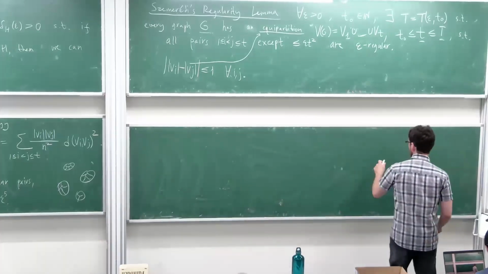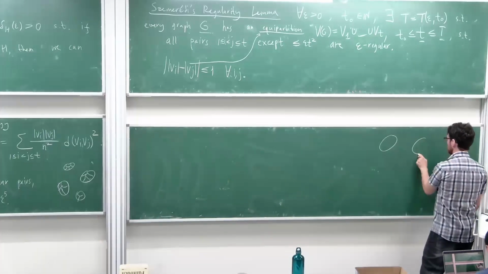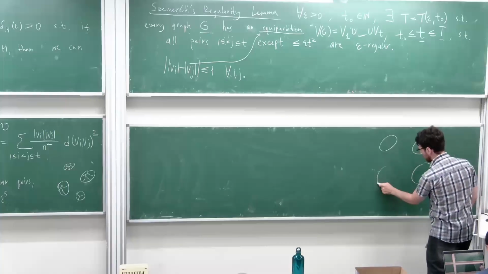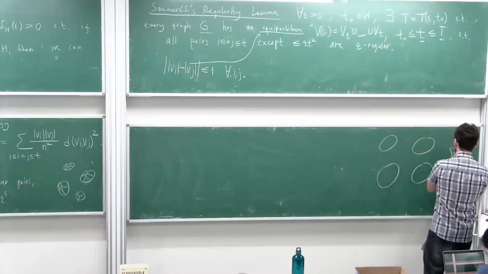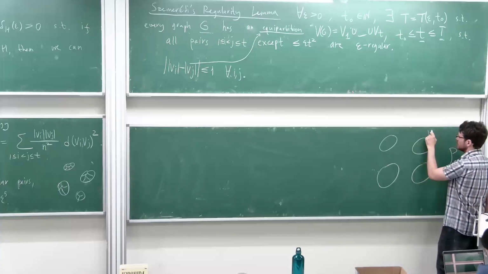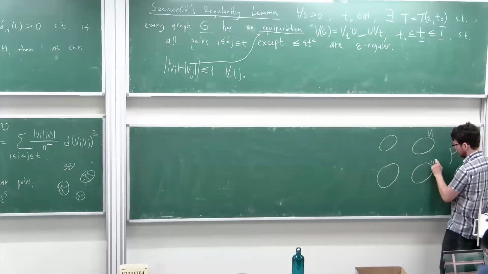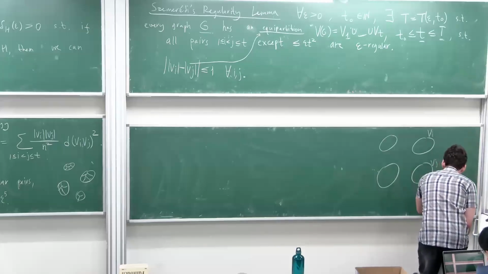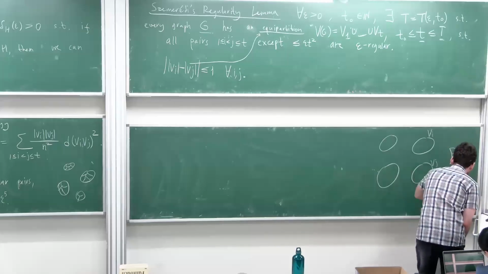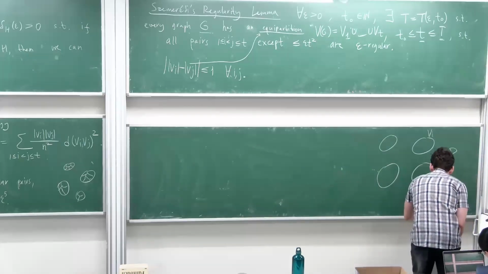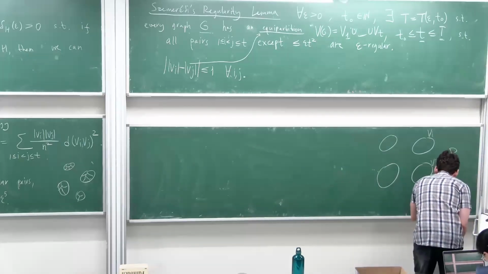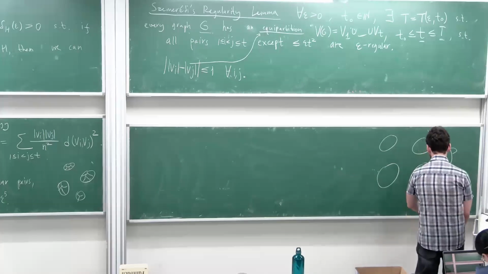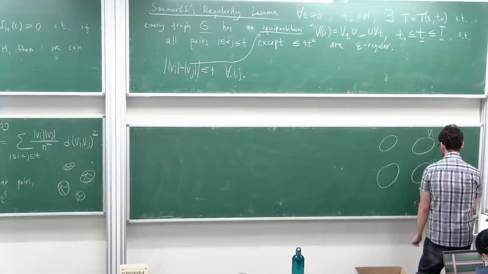So we start with P. And suppose we have a pair Vi, Vj that is not regular, is epsilon irregular. So what can we do with this?